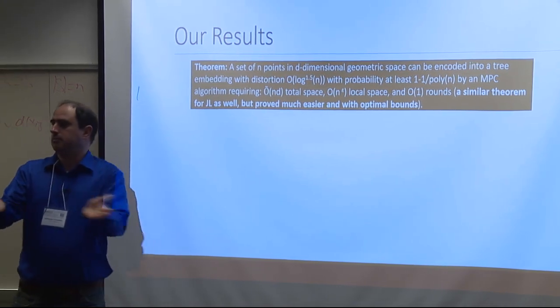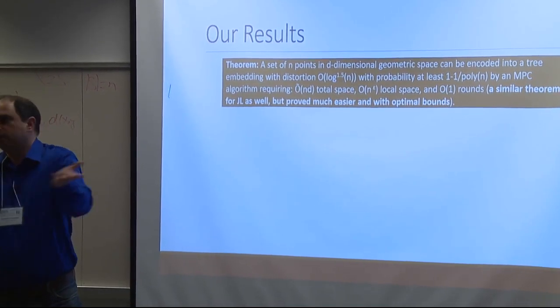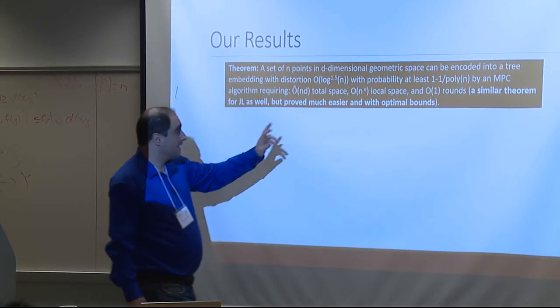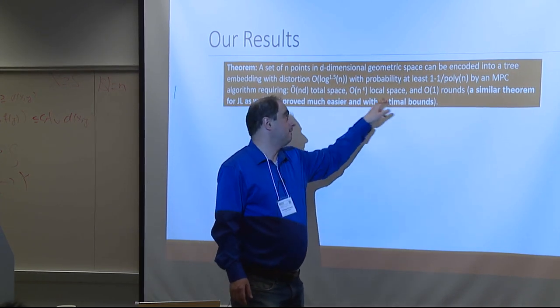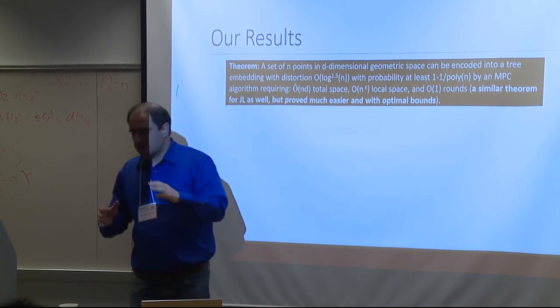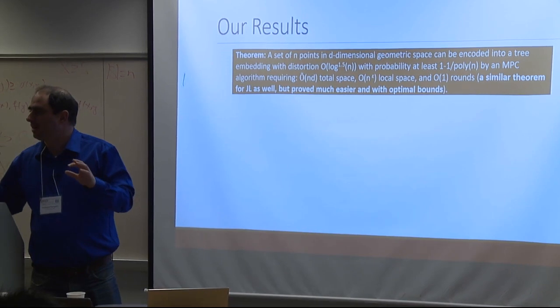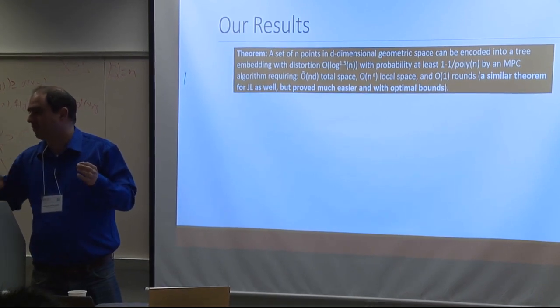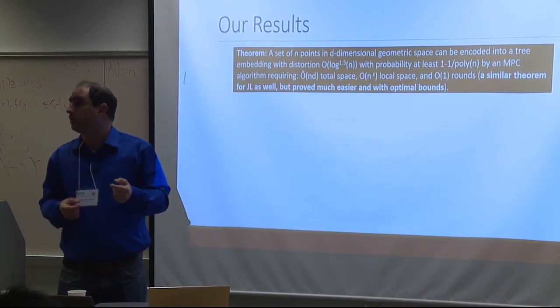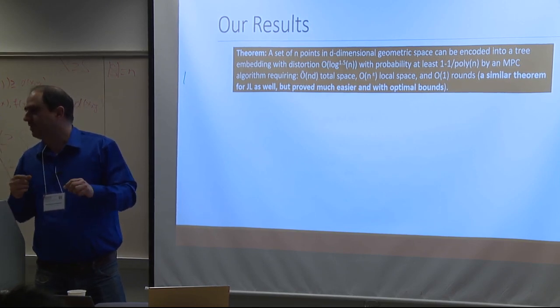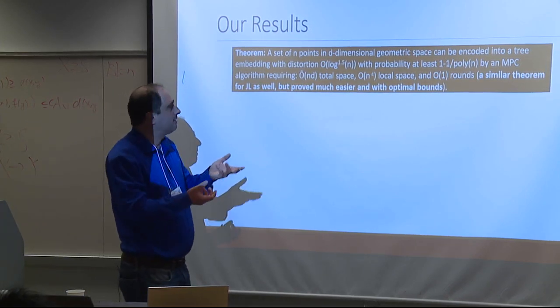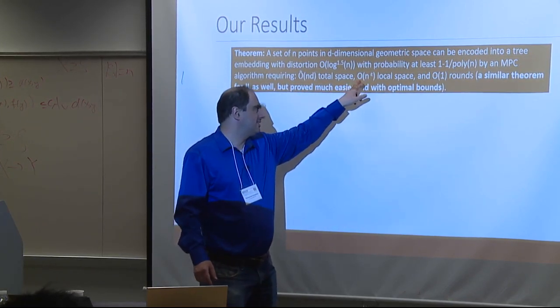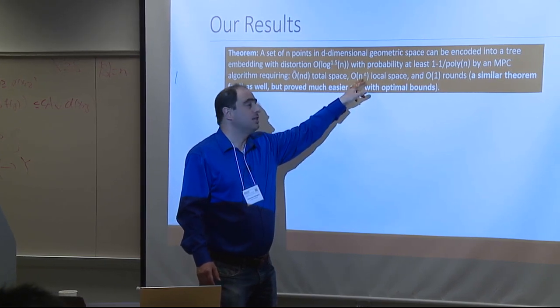You have n points, each of them has d dimensions. You need nd. And then, this is important. This is the best version of that, essentially. I mentioned n to the epsilon computers, each of them n to the 1 minus epsilon. But of course, you can define epsilon prime to be 1 minus epsilon. In that case, it is essentially when the memory per machine is n to the epsilon.